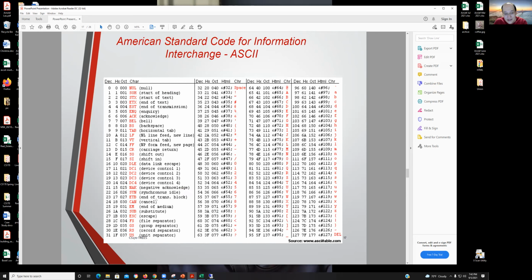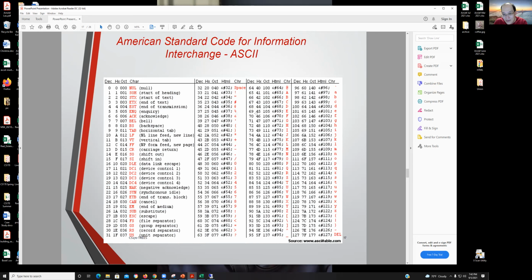These are special characters at the beginning. What you probably care about starts around here: the exclamation mark, all the typical characters you see on your keyboard. You have 0 all the way to 9 and all of the alphabet, lowercase and uppercase.